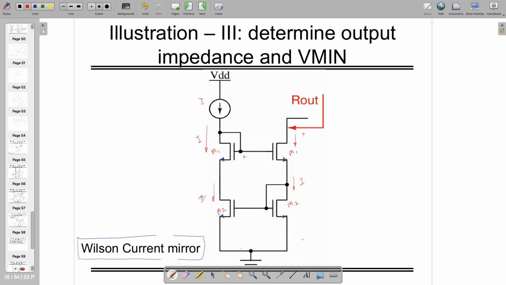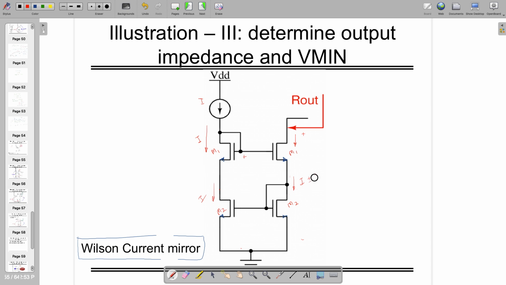So it will replicate this current to this side. Look at this: earlier we were replicating this current to this side, but here it's replicating this current to this side. And we assume that the initial condition is 0 earlier, but after a few iterations, or maybe after t equal to 0 plus, this current has been replicated over here.